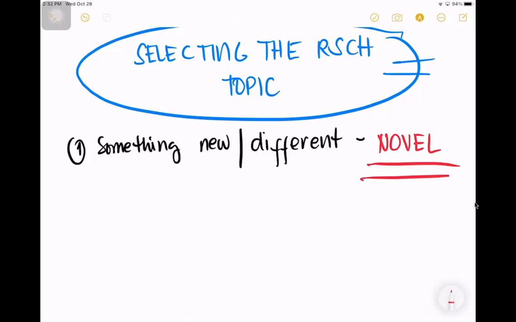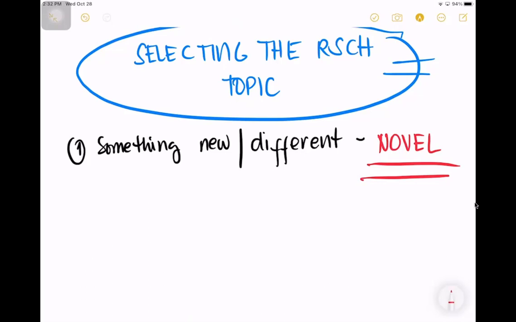So let's say, for instance, we are already familiar with dengue hemorrhagic fever. What's something new about dengue that you can offer or work on as a research topic and eventually a research study? That's where novelty sets in.